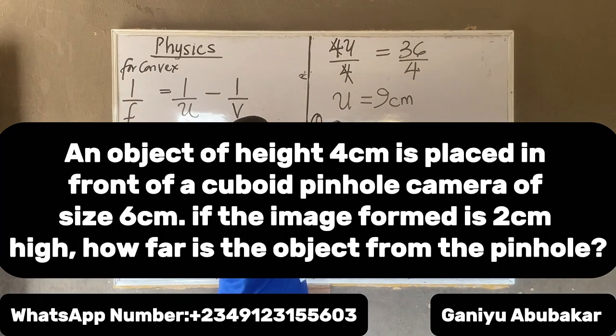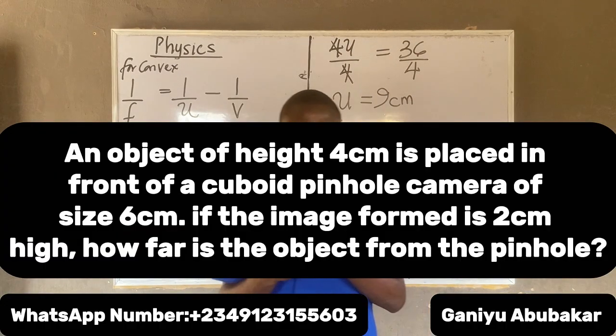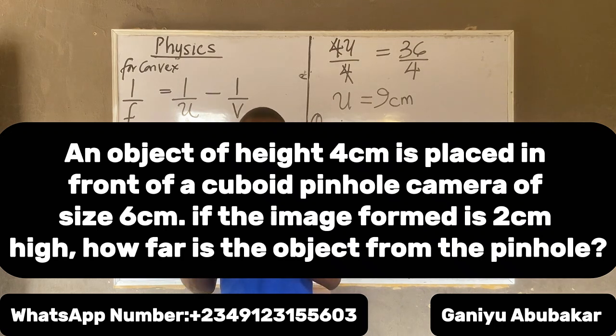Question 7. It says an object of height 4 cm is placed in front of a cuboid pinhole camera of size 6 cm. If the image formed is 2 cm in height, how far is the object from the pinhole? So let's solve this problem.